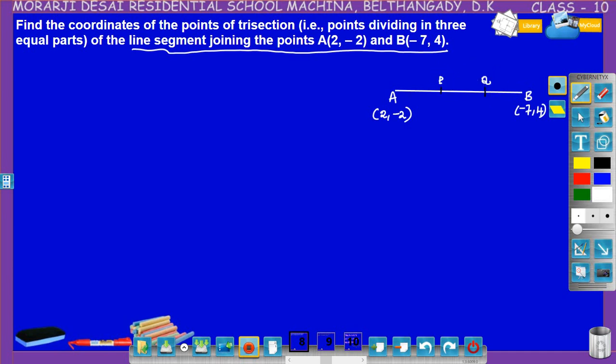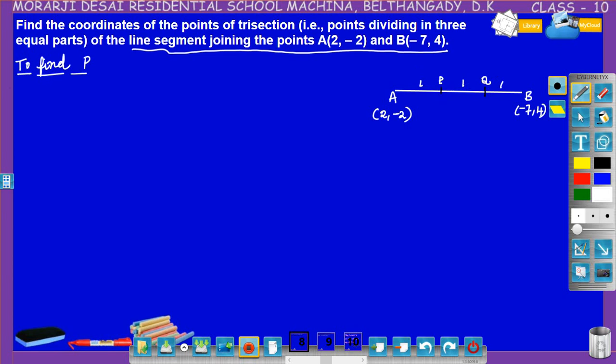Now the line is divided into 3 equal parts. So the ratio AP is to PQ is to QB is equal to 1 is to 1 is to 1. Now you have to find the coordinates of point P, then the coordinates of point Q. Now to find P, what is the ratio?